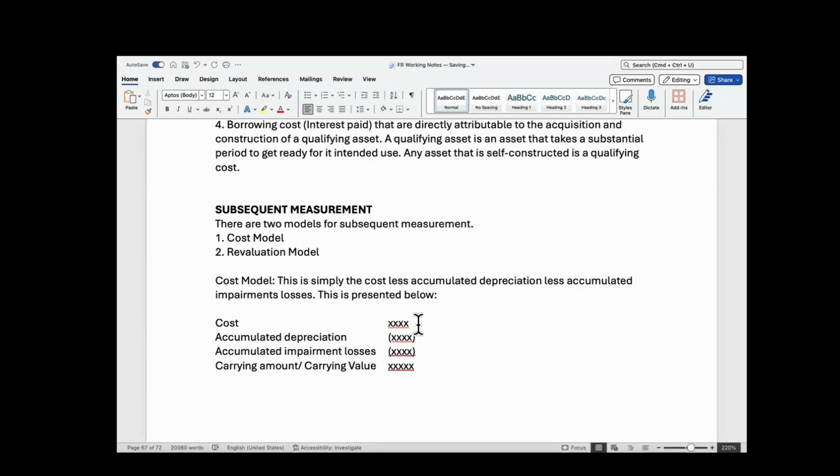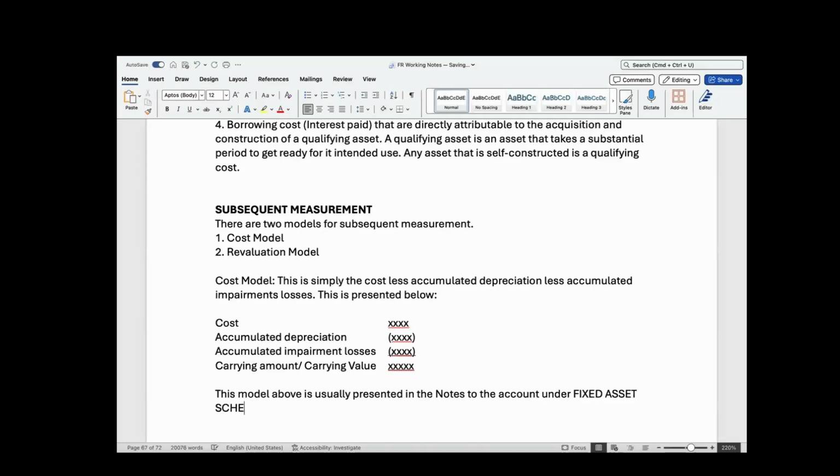But I really need you to understand this, that this model above is usually presented in the notes to the accounts, under what we call the fixed asset schedule.